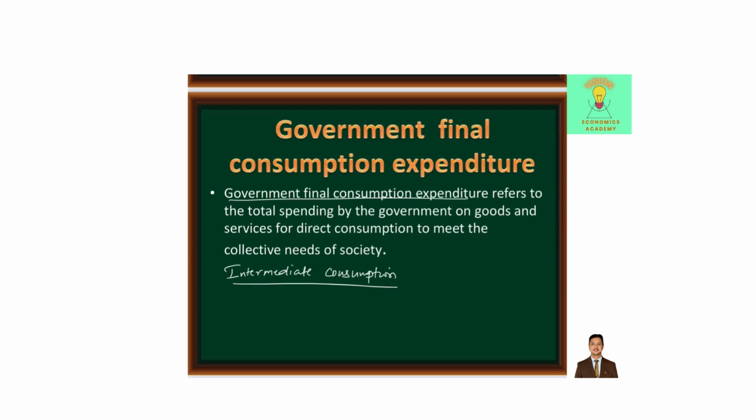Intermediate consumption of the government refers to the value of goods and services purchased by the government that are used up in the process of providing public services within a financial year. So whatever services the government provides for the public in a financial year are included in the intermediate consumption. So that is also an expense of the government. So it's an expenditure.